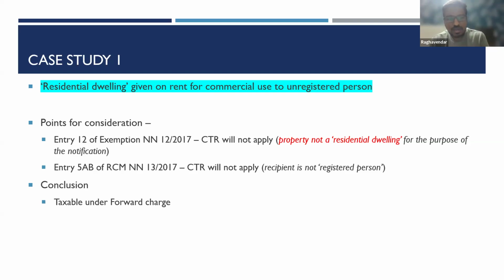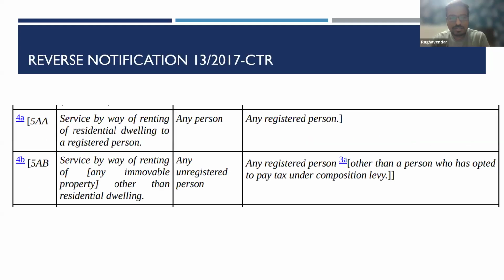So to check whether RCM is applicable or not, there are two entries under RCM notification 13/2017: 5AA, which talks about service by way of renting of residential dwelling to a registered person, and 5AB, which is other than residential dwelling. Now in the present case, since the property is not a residential dwelling, we have to check whether 5AB is applicable.